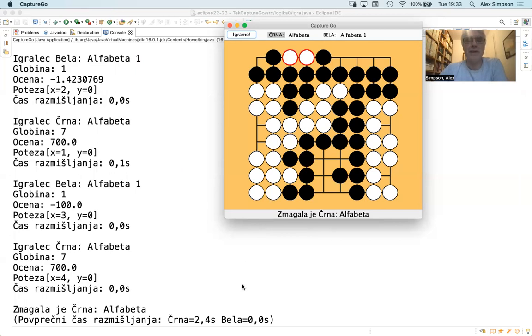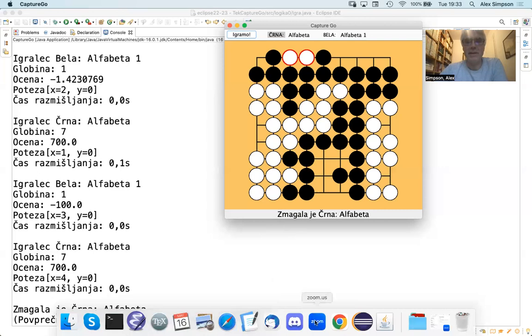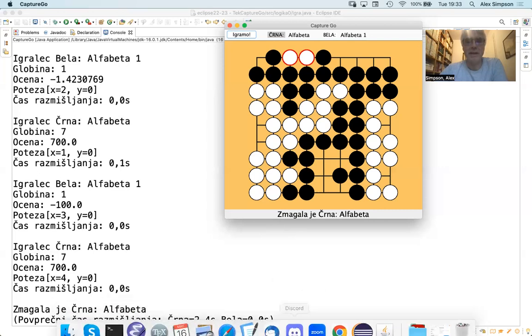But as I said, one should take the unexpected victory of the algorithm based just on position evaluation, the depth 1 search, as showing that this is really not a bad position evaluation, this one that I've implemented.